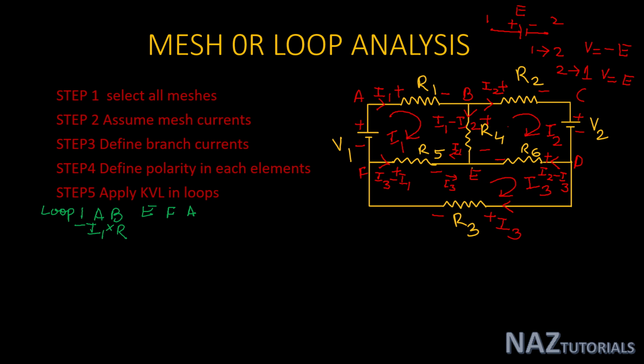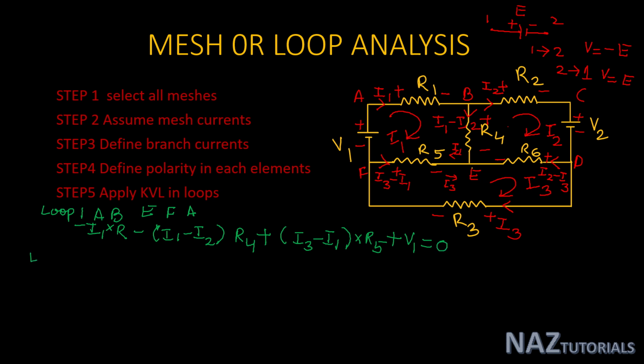Now B to E, there is a fall in voltage, and the current value is I1 minus I2 into R4. Now our next circuit element is R5. There is a rise in voltage, and the current value is I3 minus I1 into R5. The next element is voltage source V1, that is a rise in voltage, plus V1 equals 0.